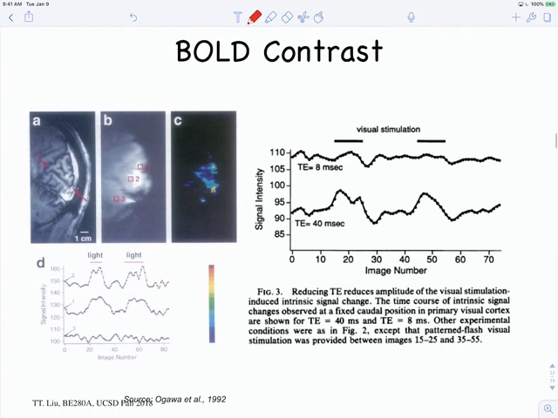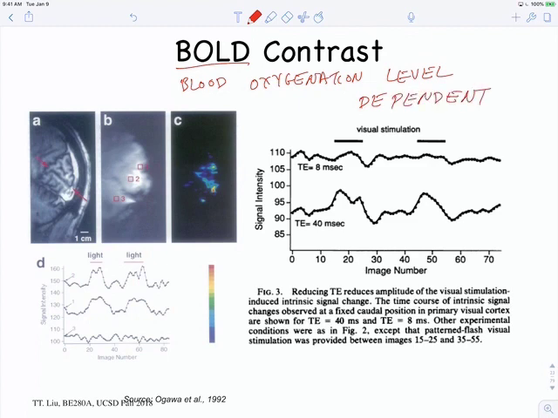So BOLD stands for blood oxygenation level dependent. In MRI and fMRI, as in most areas of science, coming up with the acronym is a really big part of science. I'm sure they spent a lot of time figuring that out, but it's a good acronym.